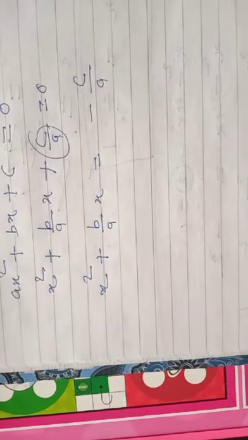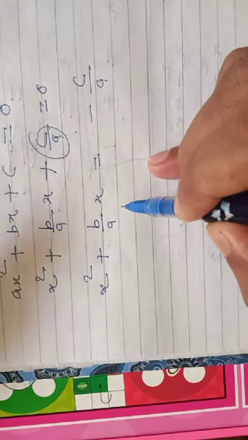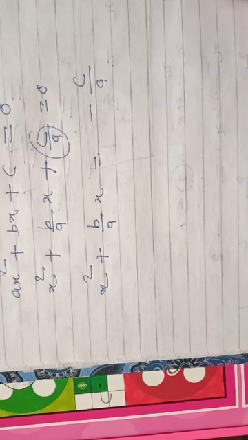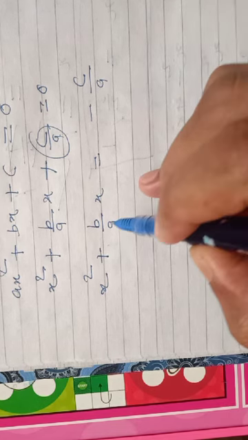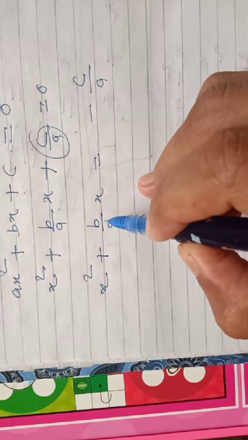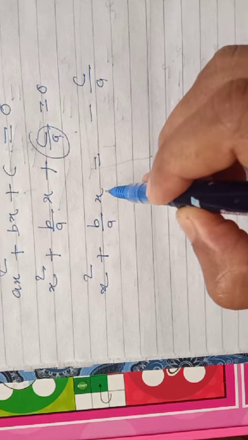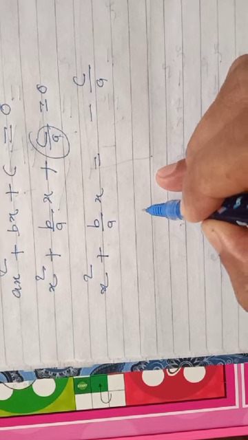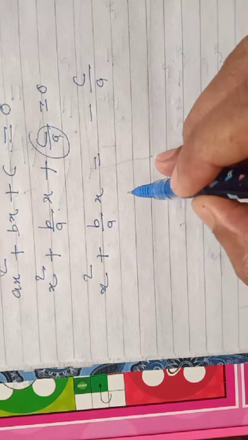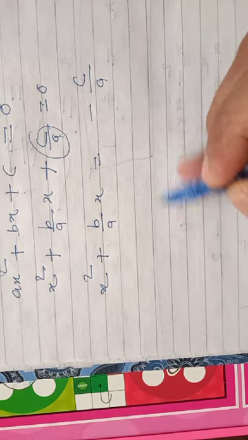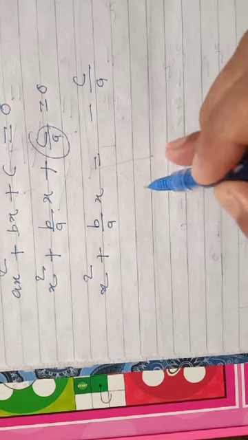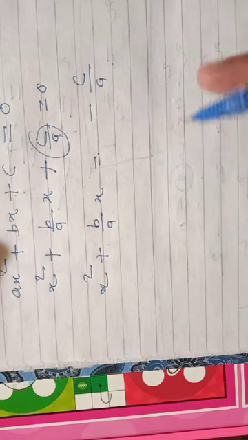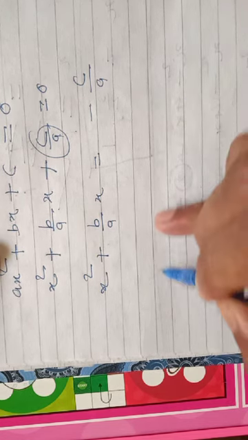Our next step: we should add to both sides of the equation the square of half of the coefficient of x. The coefficient of x is here b upon a, so half of the coefficient of x will be b upon 2a, and the square of that value is b upon 2a whole square. So we should add it to both sides of the equation.